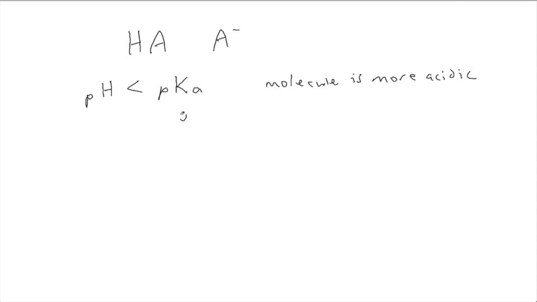Okay, but if you remember last time we talked about how there's a big difference between Ka and pKa. So to review, if the pKa is big, does that mean we have a relatively strong or a relatively weak acid?